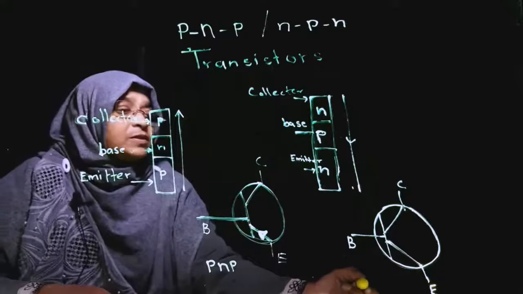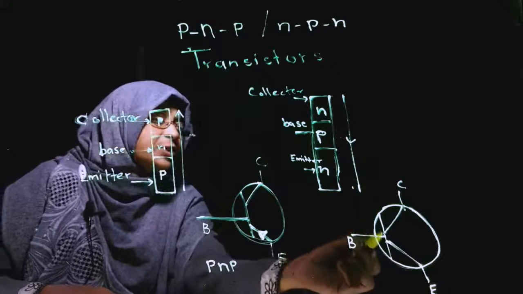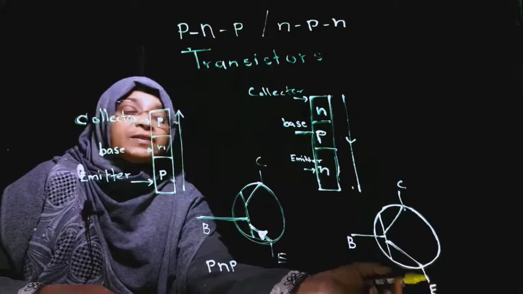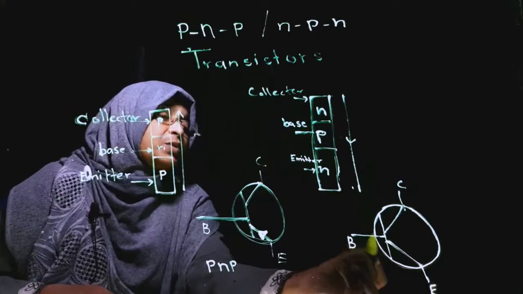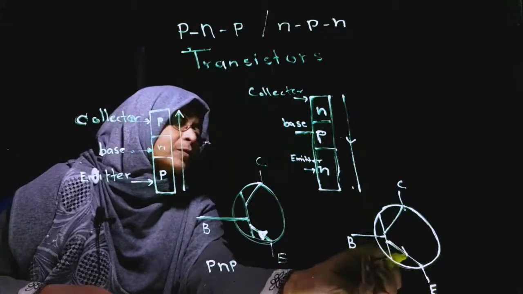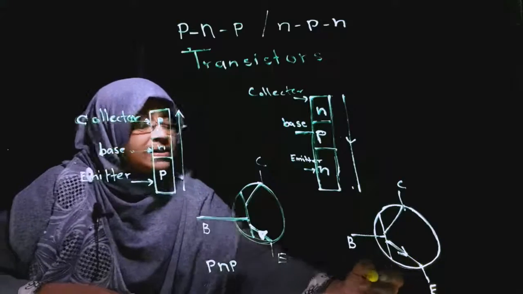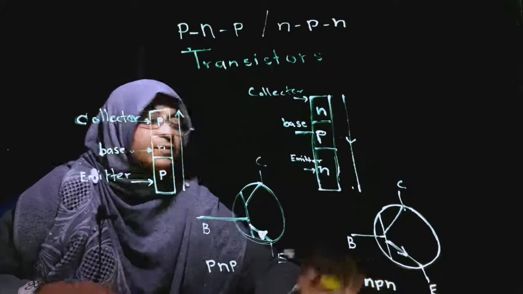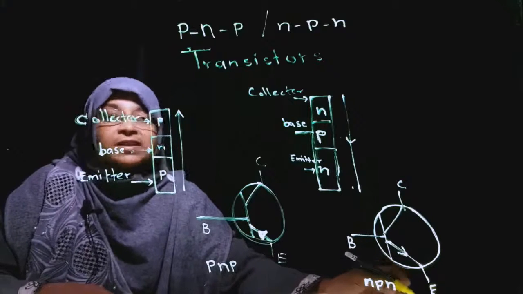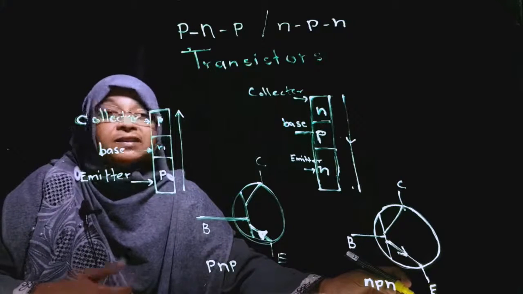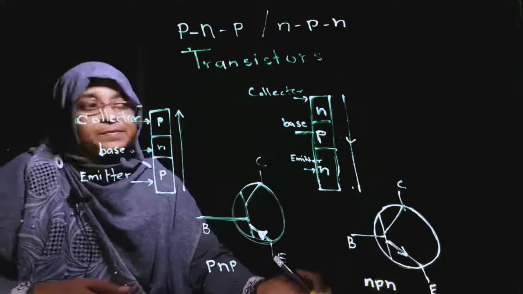Now, the direction of current flow is inside to outside, outward arrowhead, base to emitter. This symbol is the NPN transistor.